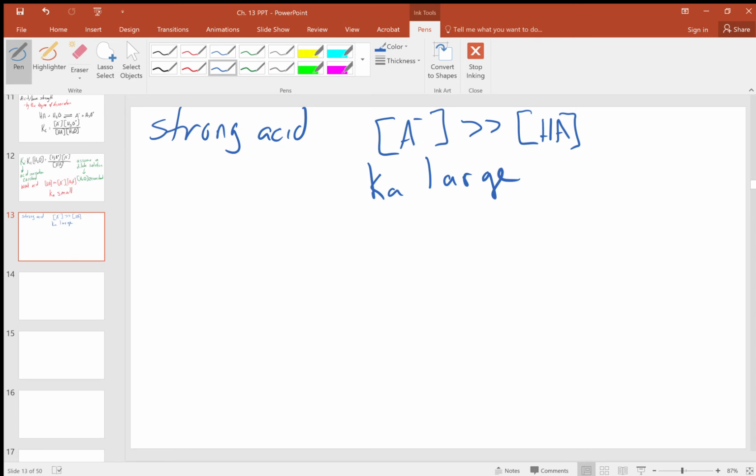And so we could look at some typical acids and look up their Ka values. Something like HCl has a Ka value of 10 to the 7th. Hydroiodic acid, 10 to the 10th.